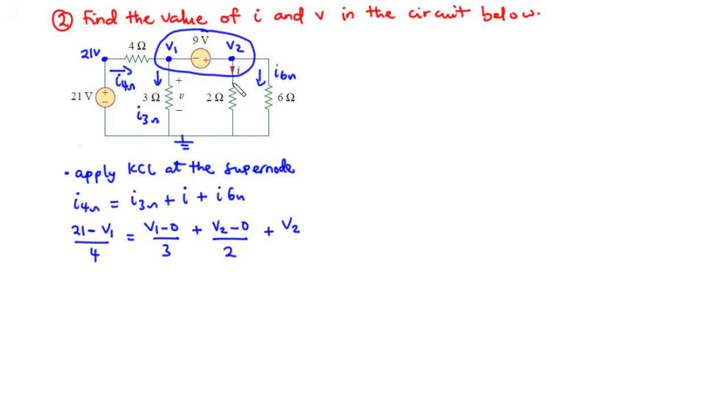Notice that these two elements are connected at the same node. So we still have V2 minus 0 over 6. So we multiply each of the terms here by 12.